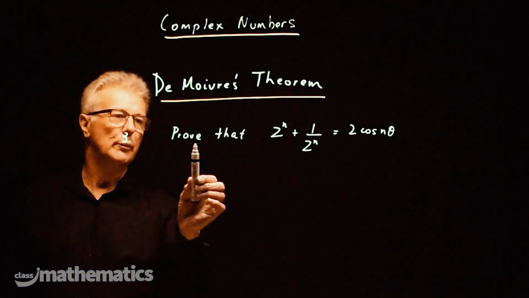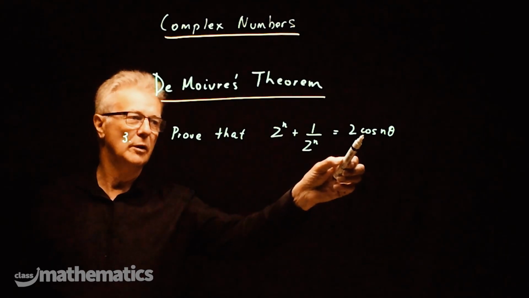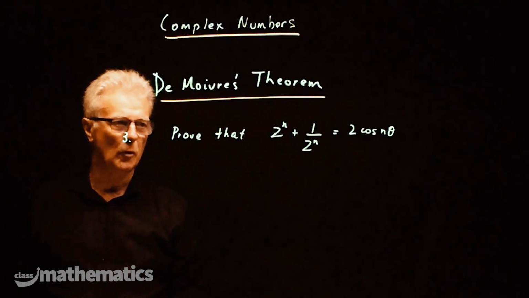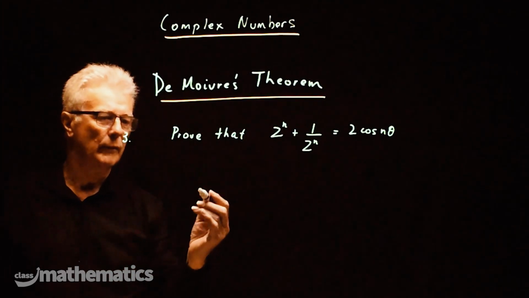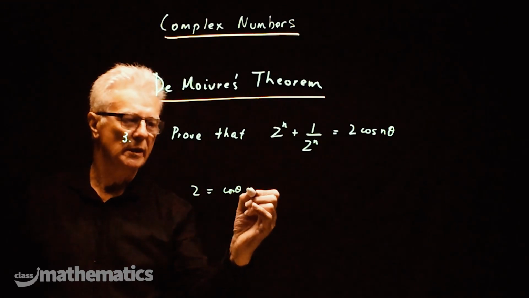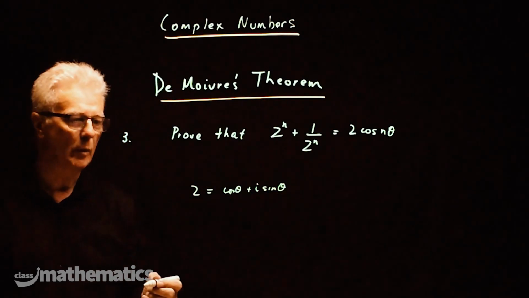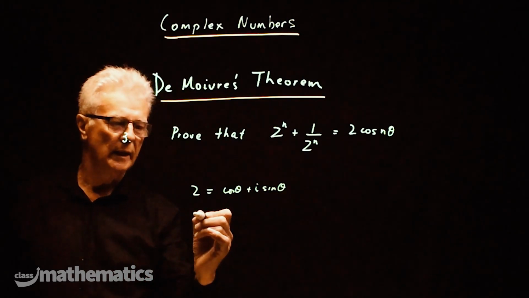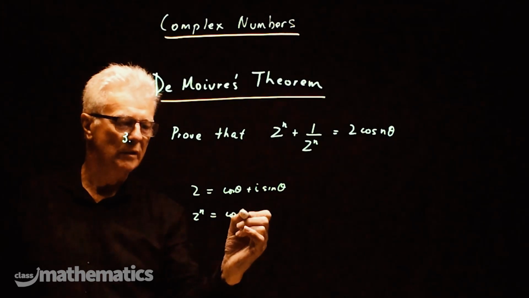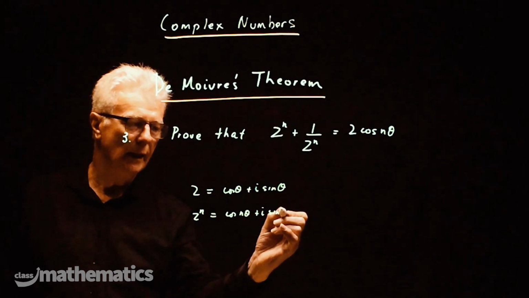In number 3, we're going to prove that z to the n plus 1 over z to the n equals 2 cos n theta, and we'll see an application of this in question 4. First, z equals cos theta plus i sine theta, the modulus being 1. So z to the n equals cos n theta plus i sine n theta.